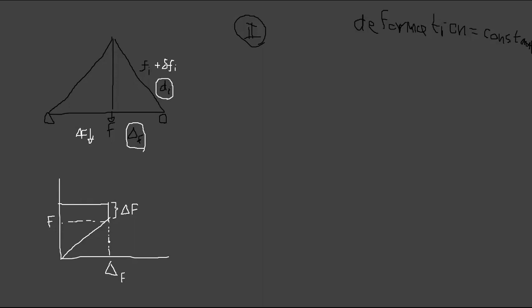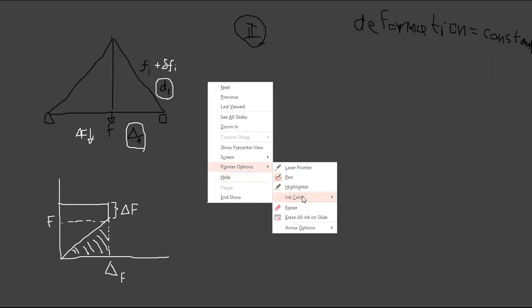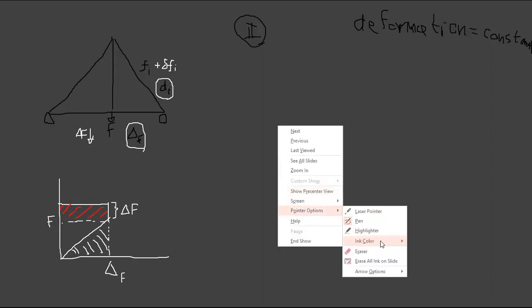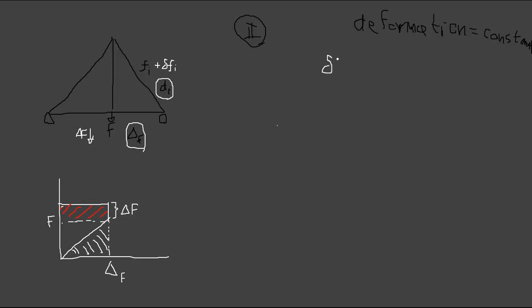So what happens is, if you keep the deformation constant, your additional work done is this part. You increase the force, that's what happened. So delta W, the delta external work done, is delta F into the deformation in the actual structure.